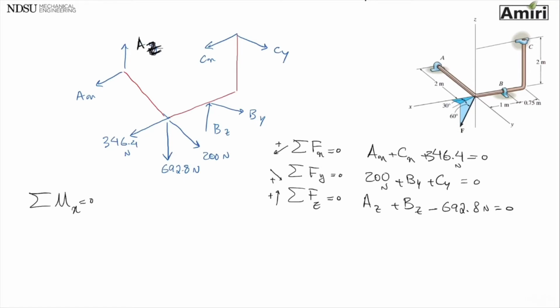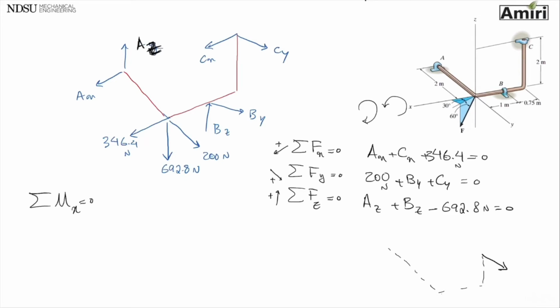Summation of moments about the x-axis. Anything that is trying to rotate this whole beam about the x-axis, either this way or this way. If you look at the figure, CY and AZ are the only two forces. So let me draw them really quick here.